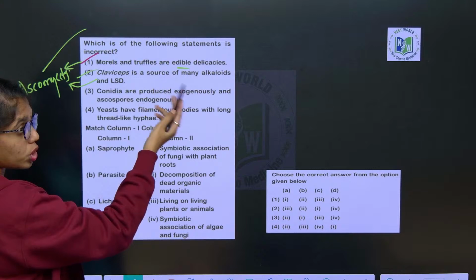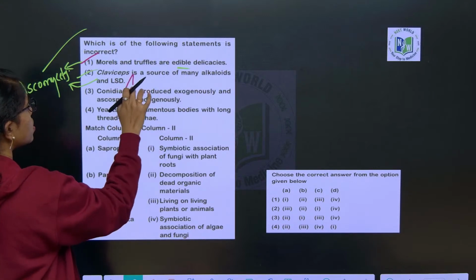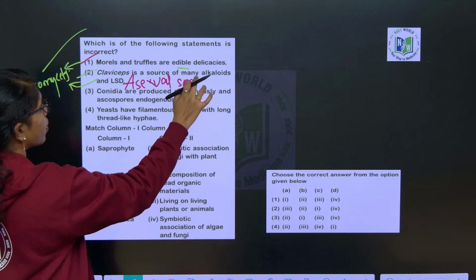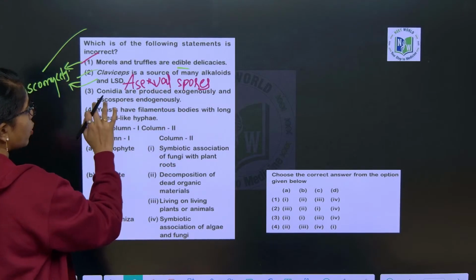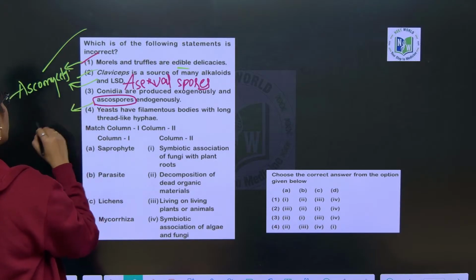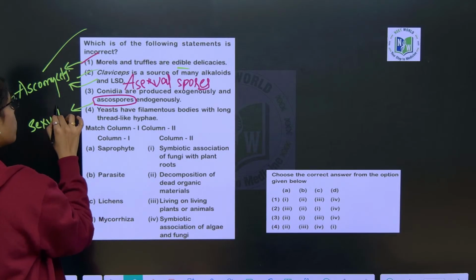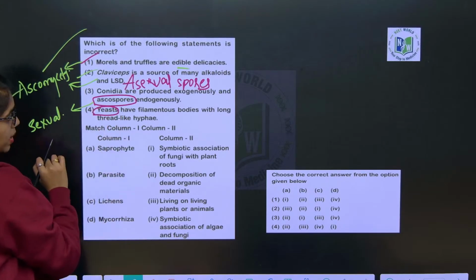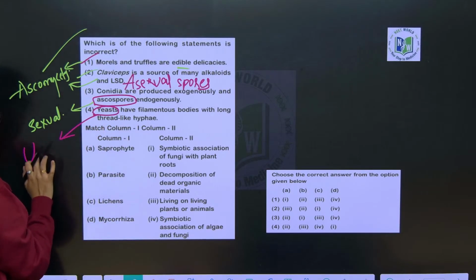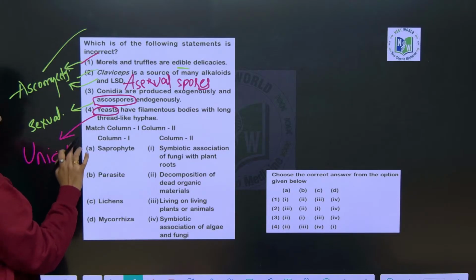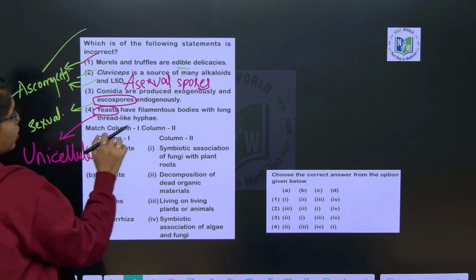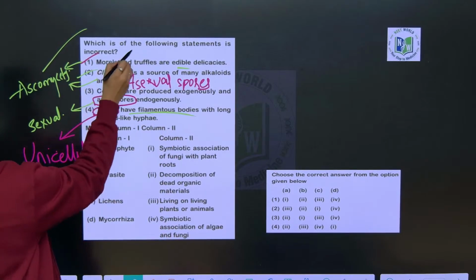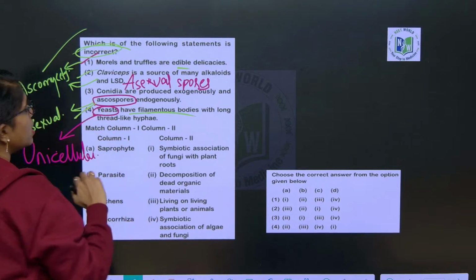Conidia are exogenously produced asexual spores, and ascospores are sexually produced spores which are endogenously produced. Yeast also belongs to Ascomycetes, but it is unicellular, not multicellular, and does not have any hyphae or filamentous bodies. So, as he is asking for the incorrect statement, the option is 4.